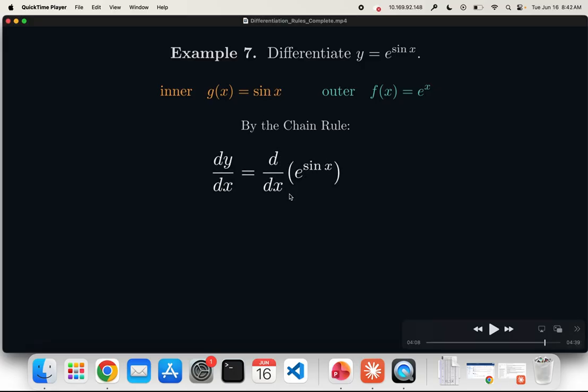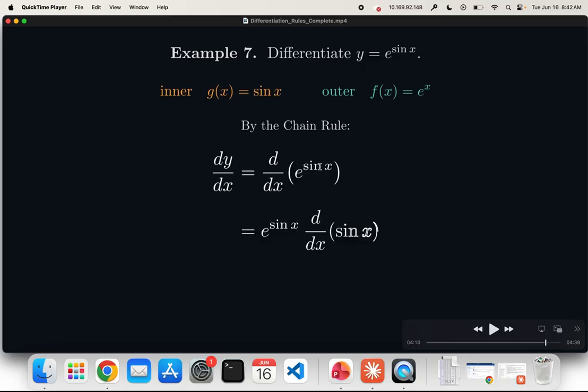So again, how do you apply the chain rule? You differentiate the outside function, the e to the x. And that's easy, it's just e to the x. But you evaluate it at the inside function. So that's this part right here, the first part here. Differentiate e to the x, that's just e to the x. But you evaluate it at the inside function, so you plug in the sine of x. And then you differentiate the inside function.